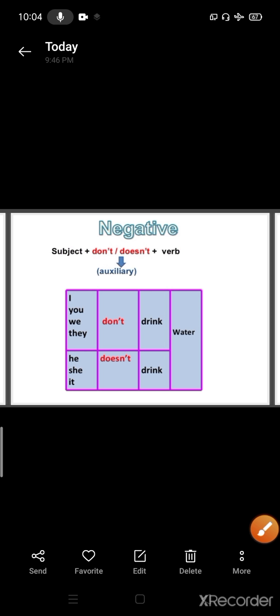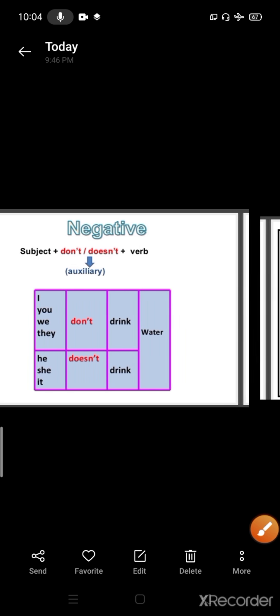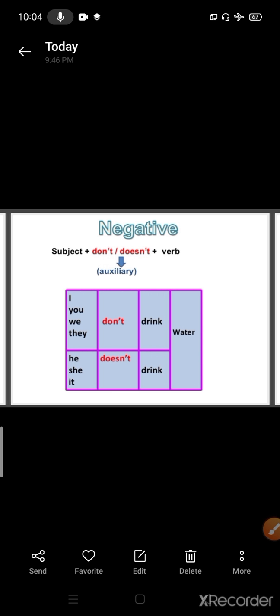Here you have to remember that don't is used with the plural form of nouns or the plural form of subject. If the subject is plural, you have to use don't to convert it into negative sentence if the sentence is present.